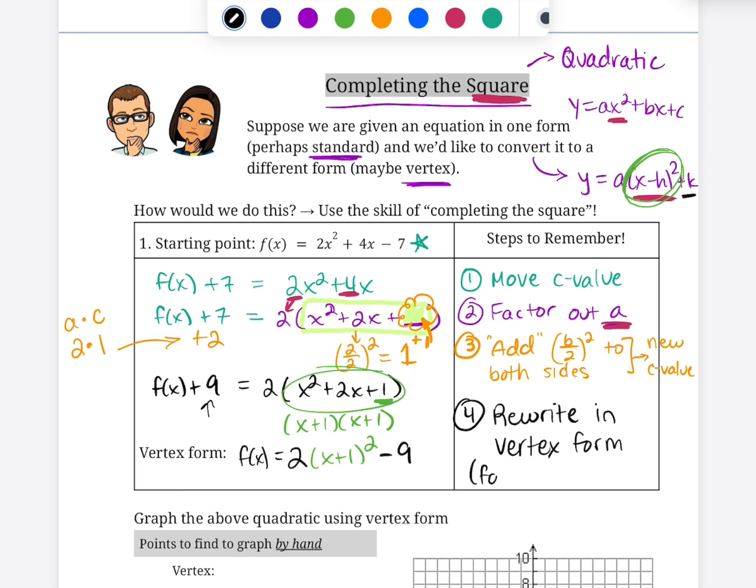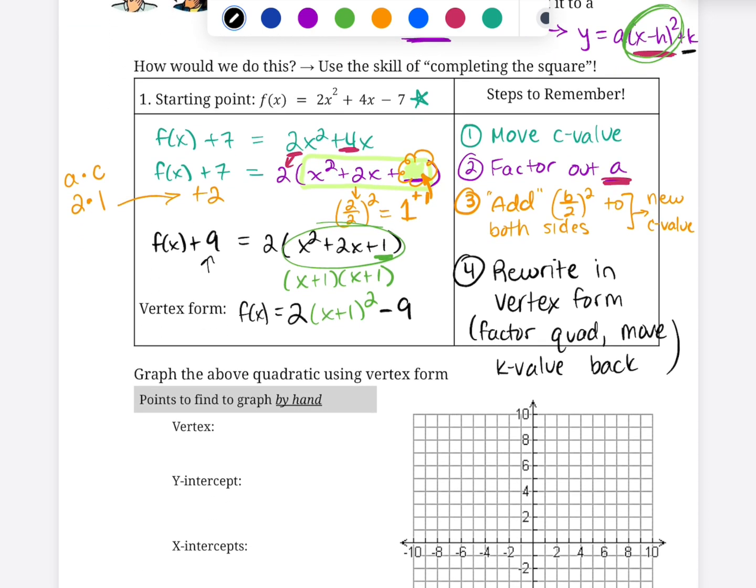That includes factoring the quadratic and moving the k value back to the right-hand side. So now our new equation is, here I'm just going to use y, 2 times (x plus 1) squared minus 9.